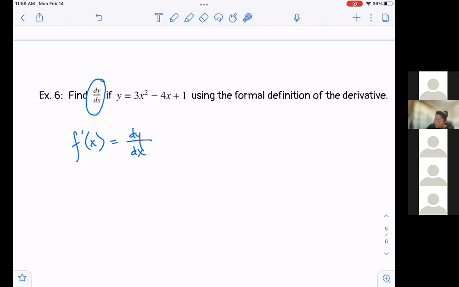So I've changed one small piece, but I've kept the rest of the question the same, just to get us used to maybe there's another notation we can use to solve this. This is a great practice problem if you didn't really understand the first 2 that we did together. This would be a great one to start with.